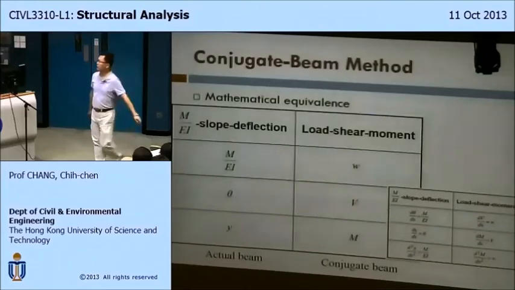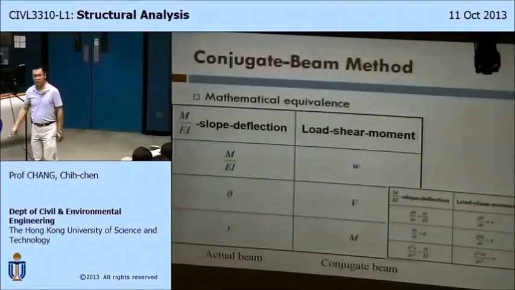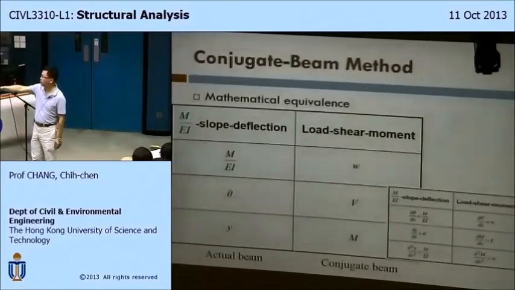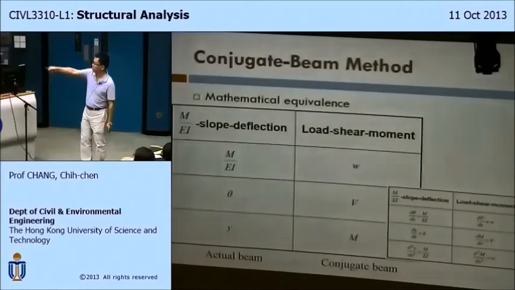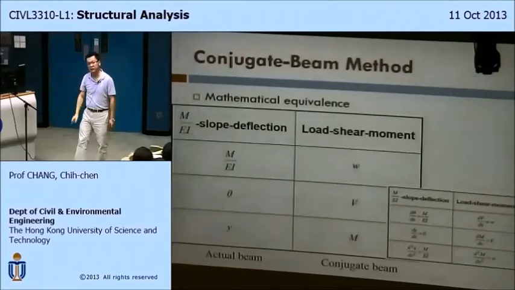So that's the concept of the conjugate beam approach. What we try to do is convert all these parameters to this domain, perform calculations there, and then bring it back to the actual beam. So this is the so-called actual beam, and we want to calculate the deformations of the actual beam.